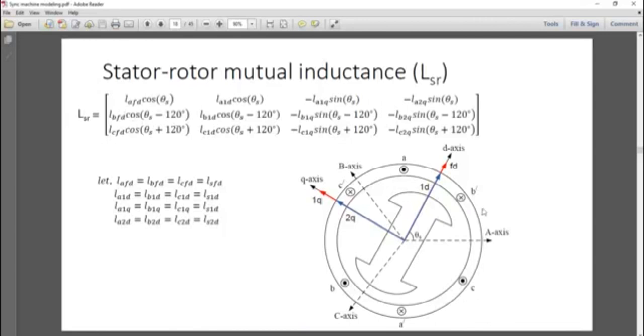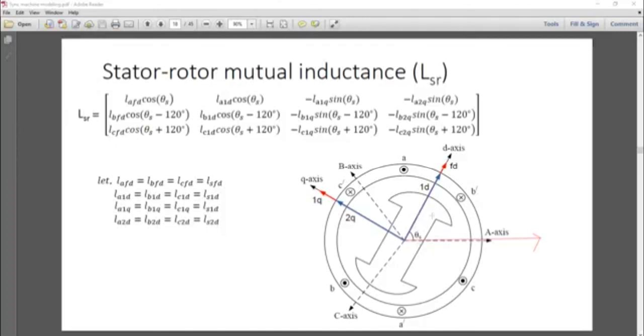LAFD cosine theta s. It is the mutual inductance between the A axis and the field coil.